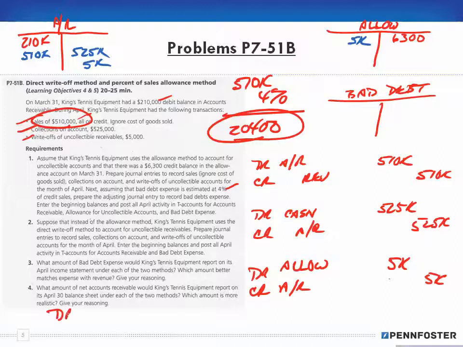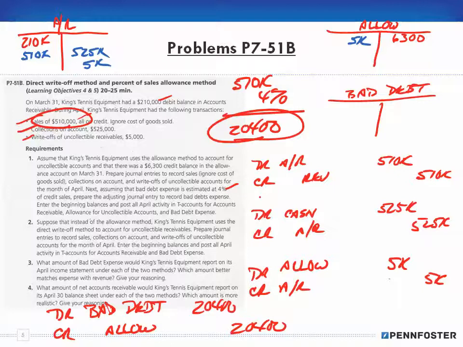So we'll debit bad debt expense for $20,400, and we'll credit our allowance for uncollectible accounts for $20,400. Okay, and then when we post that entry, we'll post it for $20,400 and $20,400.